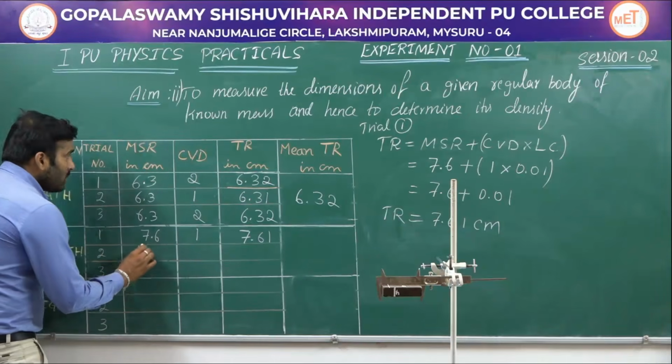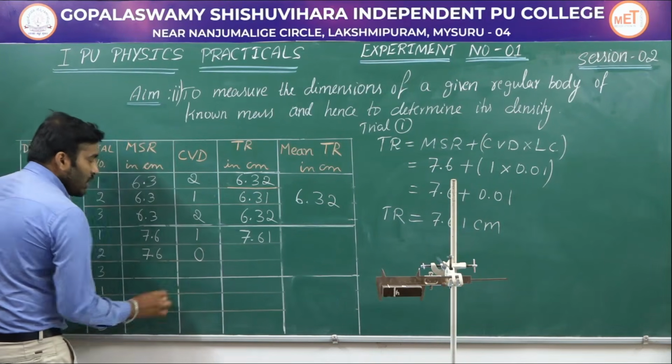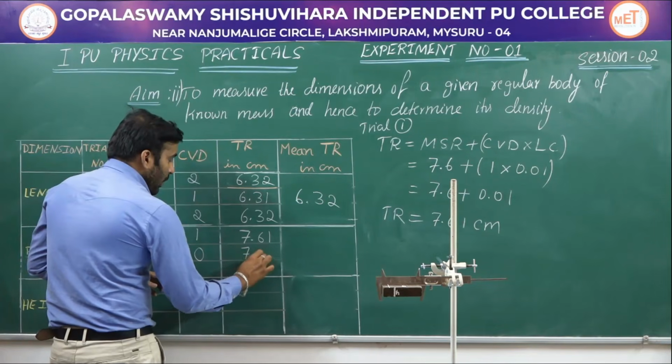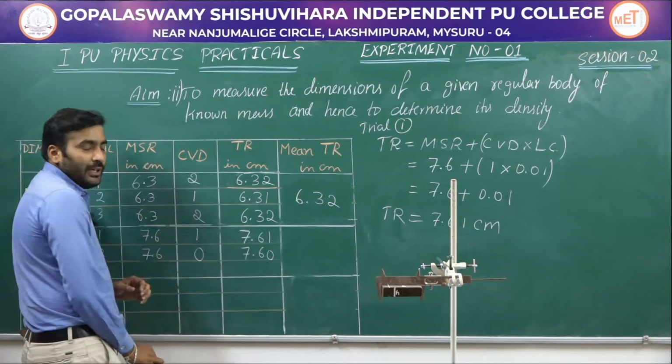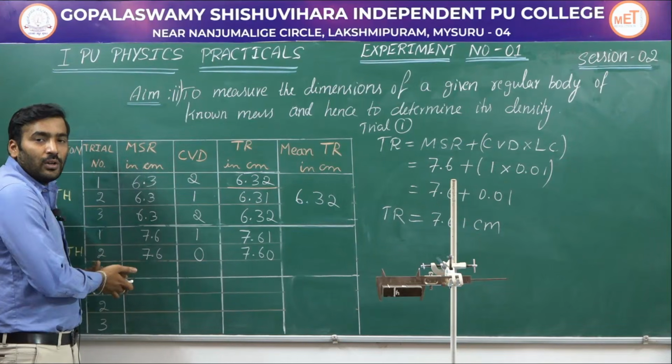Let us tabulate the readings. Main scale reading is 7.6 and CVD is 0. If I calculate this, we will get 7.60 centimeter. Next, for the third trial, let us change the position of the object.